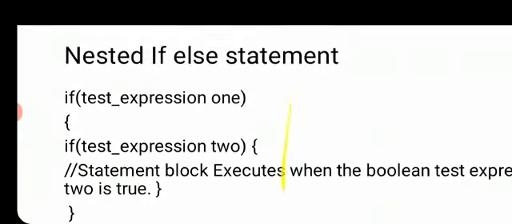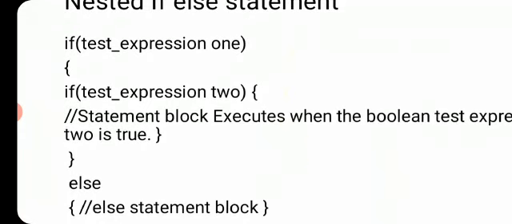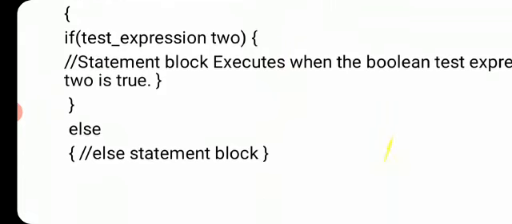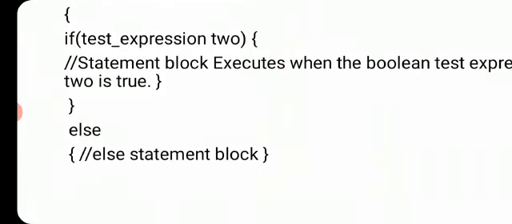In the next condition, if test expression 2, if the variable is equal to 1, it will print the value is equal to 1, else it will print value greater than 1, and the last part will print the value is greater than 10. This is something which we have already done.